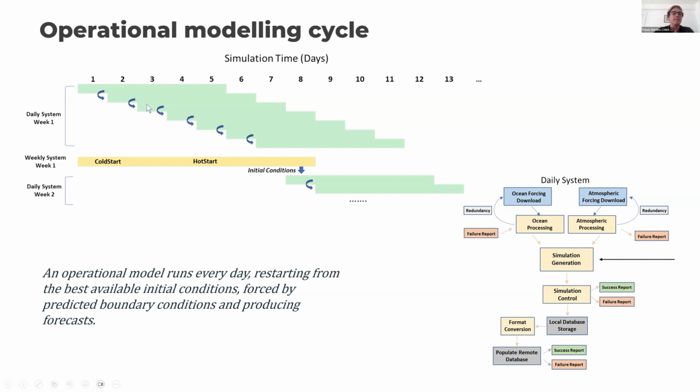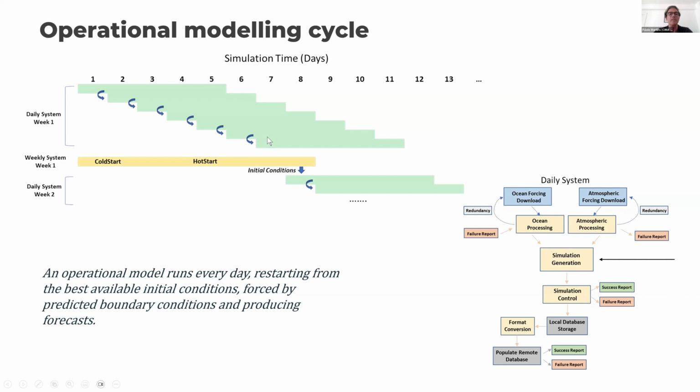Even in this downscaling approach, although we supply boundary conditions every day for the future, the results start diverging from reality. So after a few days, we need to reset to the reality. We should restart the model with initial conditions that are closer to reality.